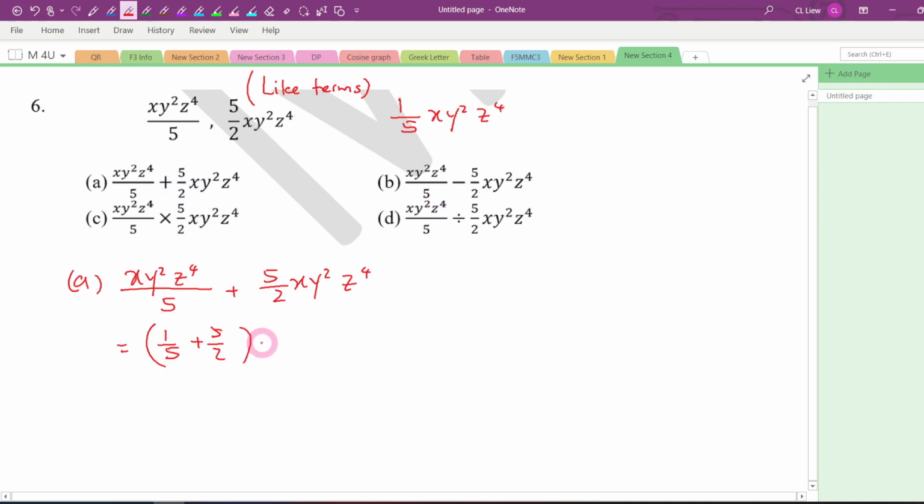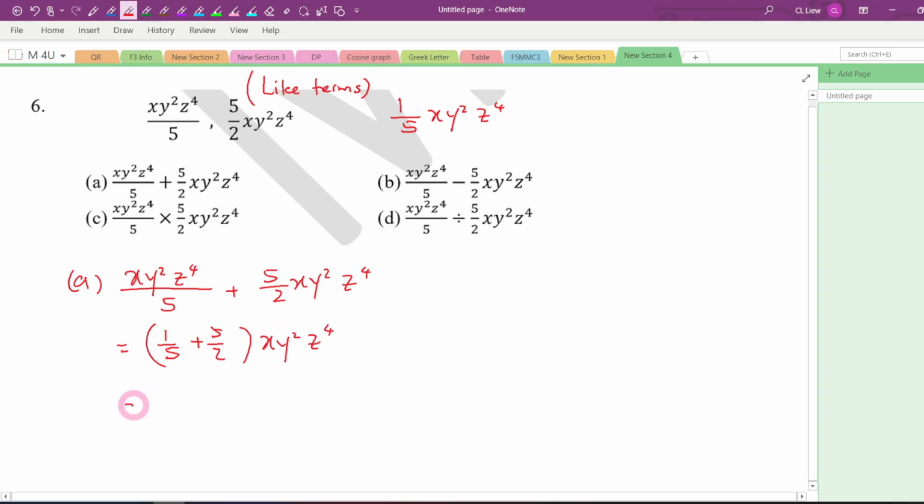We don't have to change anything. We just copy all of it together with the power. The variable remains unchanged, and the power of each variable remains unchanged as well. Now 1 over 5 plus 5 over 2, you just use a calculator to help you get the answer.